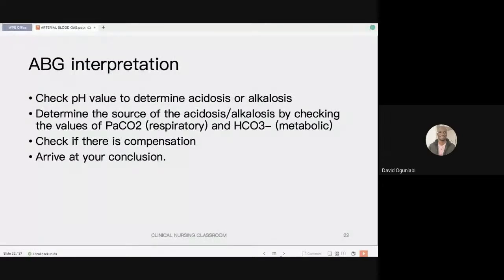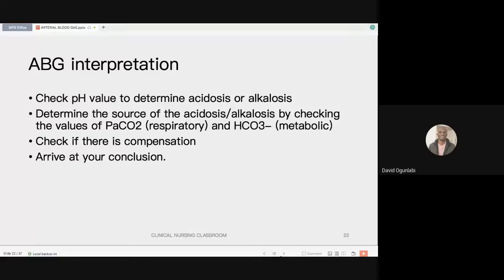So how do you determine that? If you check the pH and it is less than 7.35, your diagnosis immediately will be acidosis. If the pH is greater than 7.45, that is alkalosis. That's the first thing you need to know.